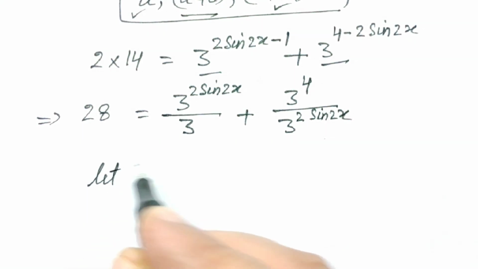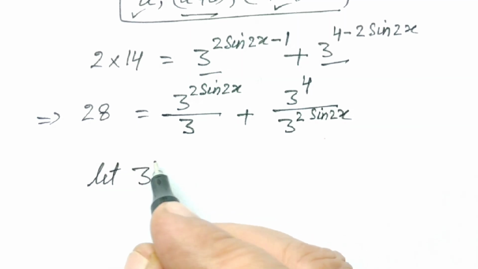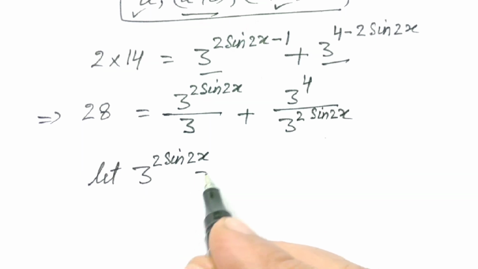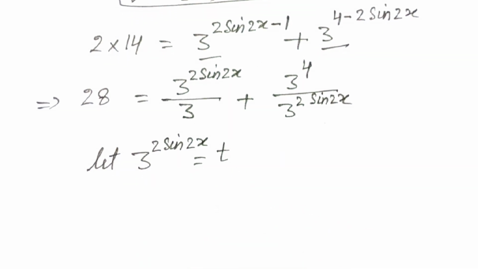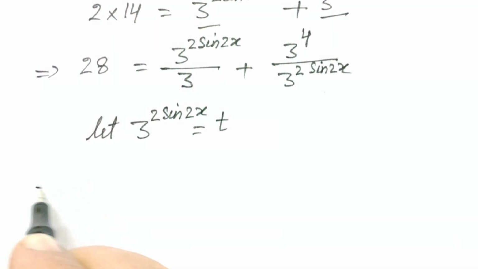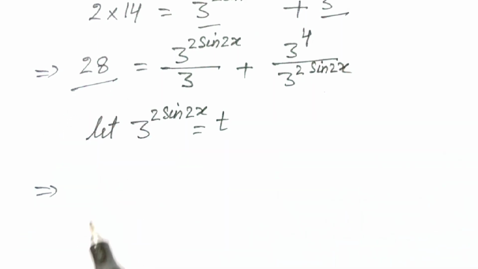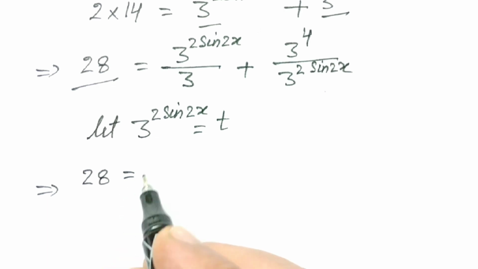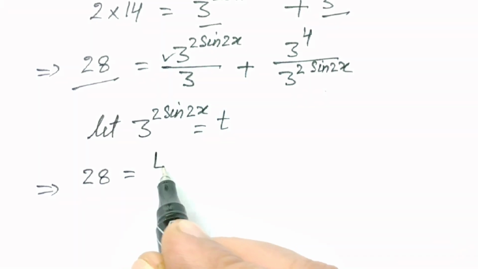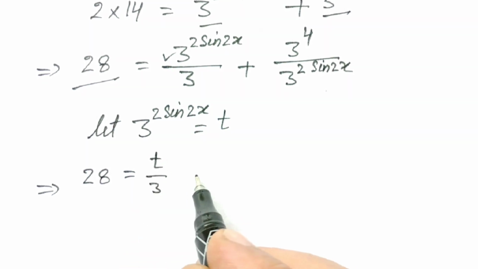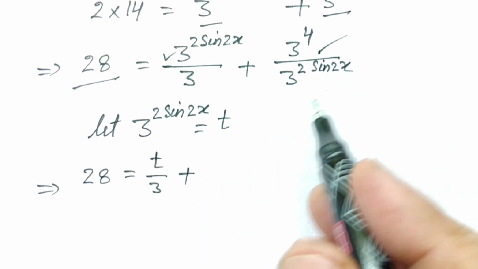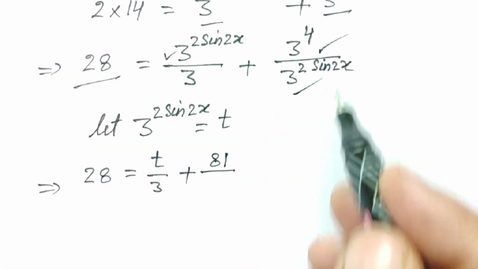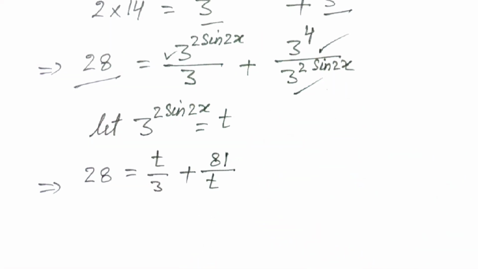Let 3 to the power 2 sin 2x be equal to t. So this equation transforms as 28 is equal to t over 3 plus 81 over t.